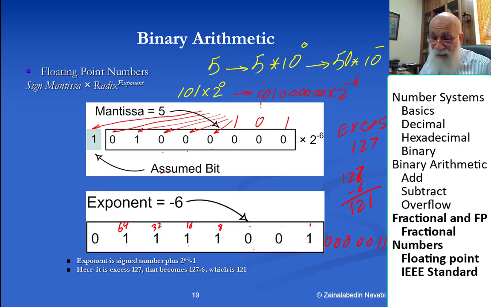And therefore, my number 5 in 16-bit floating point representation becomes 0, 1, 0, 0, 0, 0, 0, 0, continuing 0, 1, 1, 1, 1, 0, 0, 1.